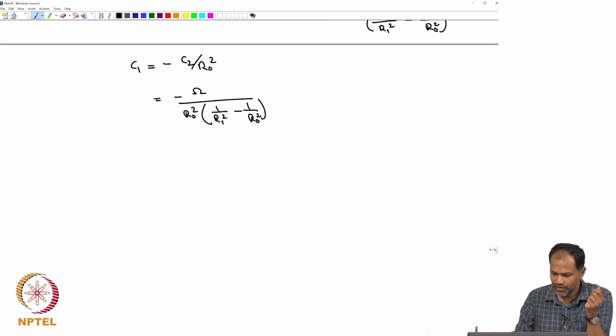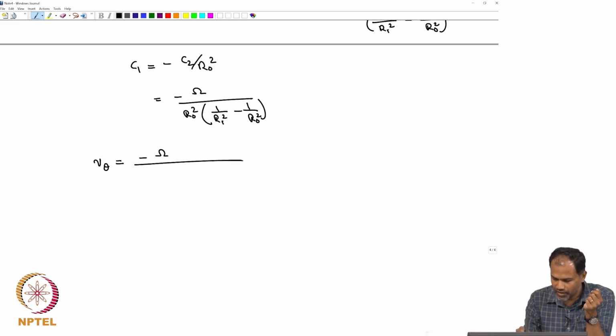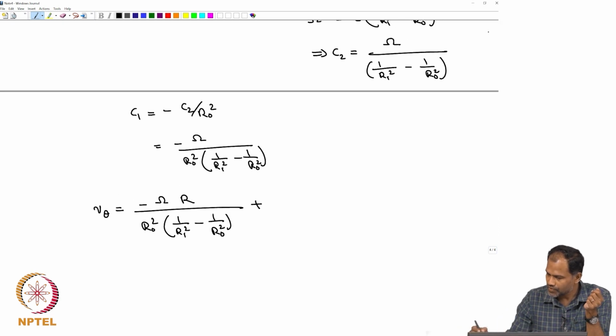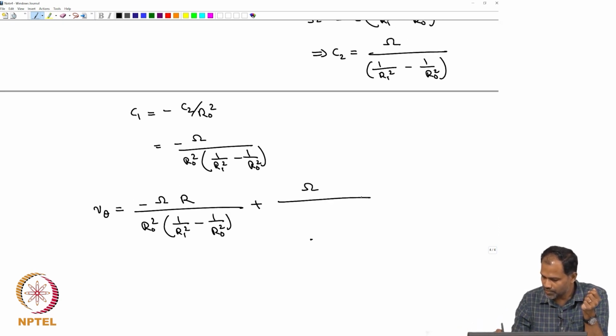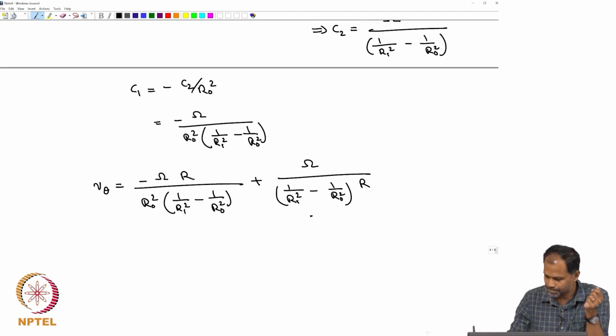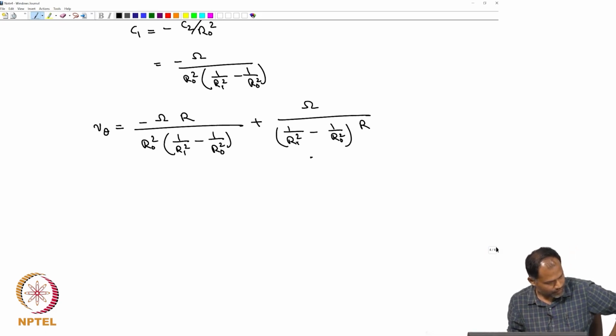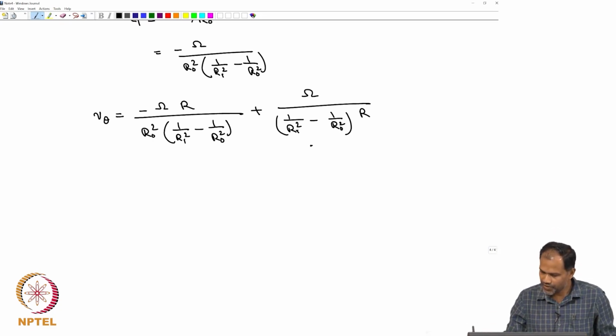And therefore, you are ready to get your expression for V theta. V theta is equal to C1 into R, that's minus omega by Ro square into 1 by Ri square minus 1 by Ro square times R, plus C2 by R, which is omega by 1 by Ri square minus 1 by Ro square times 1 by R. So if you want, you can rearrange that expression.